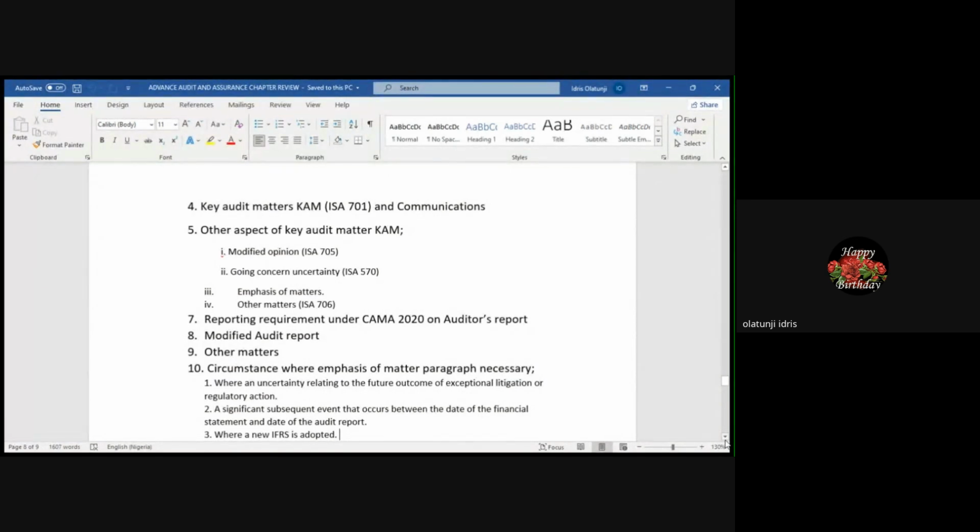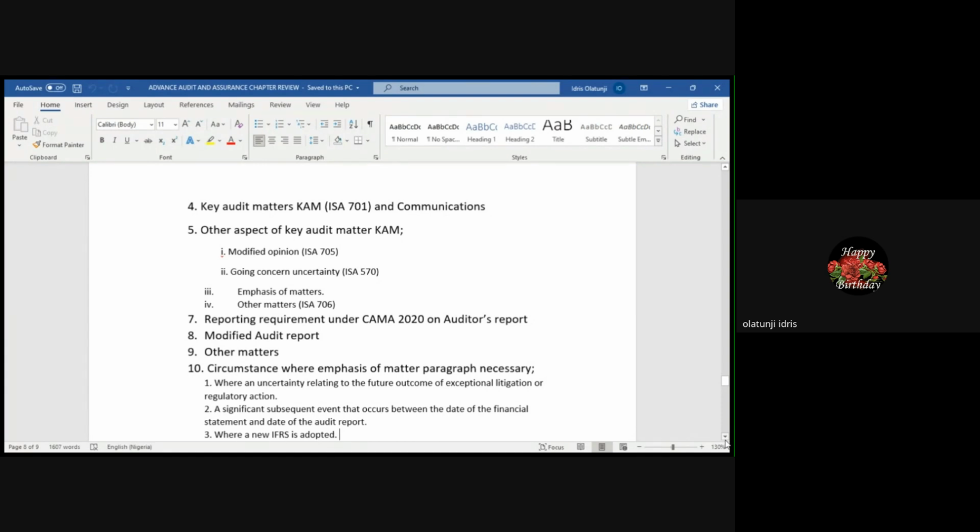Then lastly, other matters, according to ISA 706. Other matter might be a matter related to disclosure in the financial statement, maybe related party disclosure or any disclosure at all, which is generally regarded as other matter according to ISA 706.